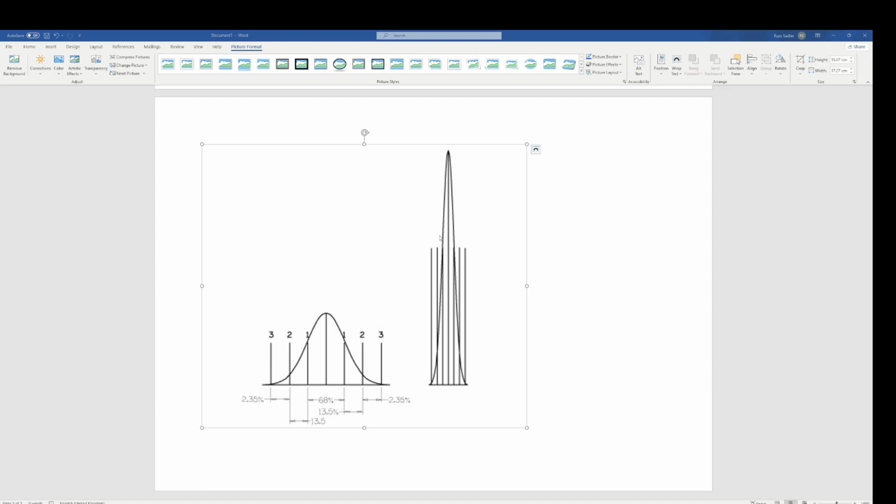But because this is a mathematically defined graph, the relationship remains the same. The intensity profile of the beam has now become very sharp, as opposed to something which may be down here, which would be blunt. So you'll hear me using these terms, sharp and blunt, when I refer to a laser beam.